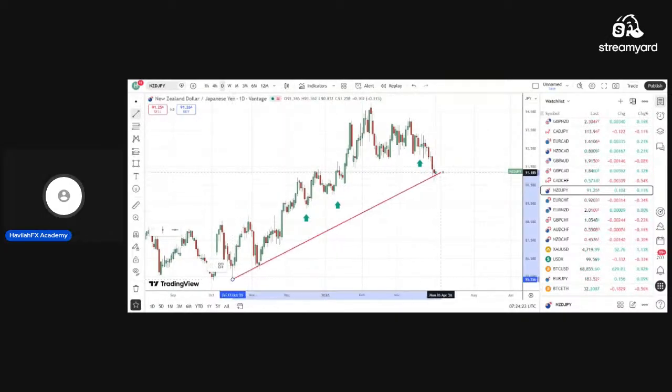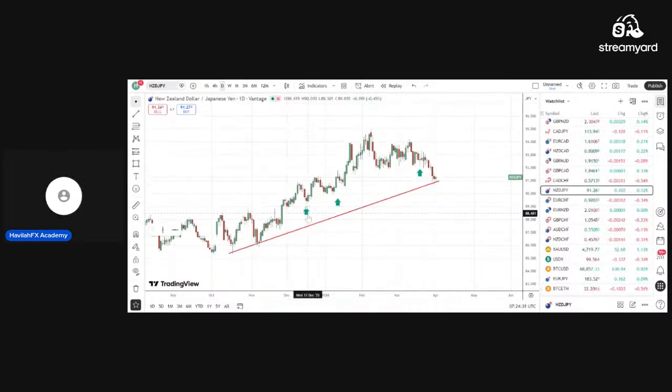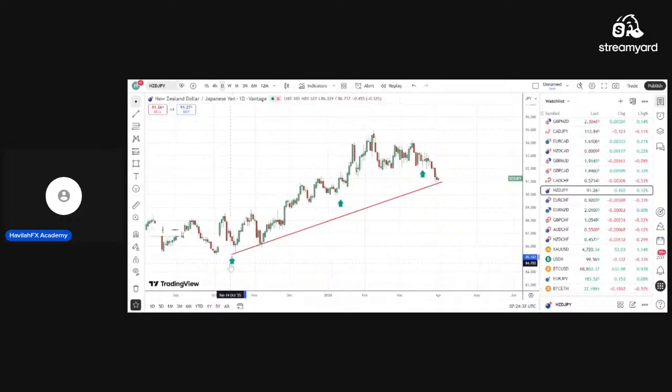All right, so we draw our trend line. So you can clearly see the trend is bullish. Higher low, higher low, and a third higher low, which ended up as a rejection candle yesterday.